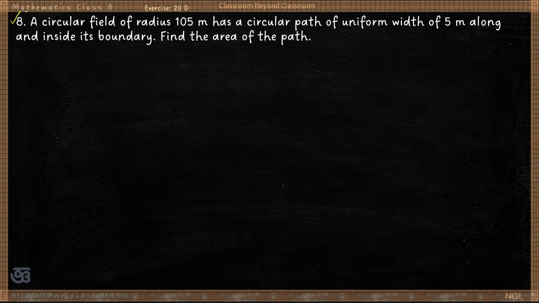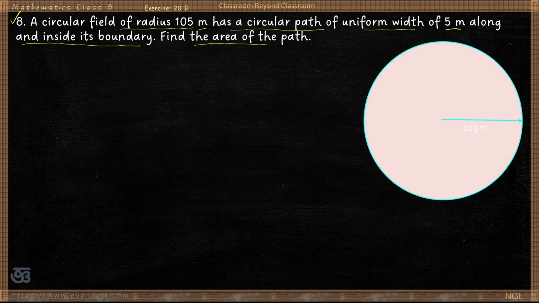Question number 8. A circular field of radius 105 meter has a circular path of uniform width of 5 meter along and inside its boundary. Find the area of the path.